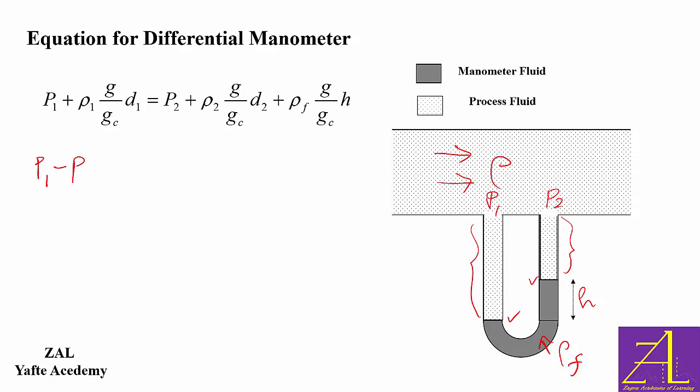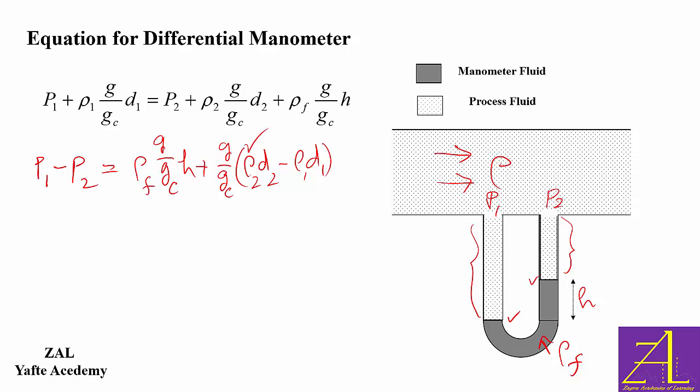P1 minus P2 equals rho F G over GC H plus G over GC times rho 2 D2 minus rho 1 D1. And since rho 2 and rho 1 are equal and they are equal to rho, they can come outside the parentheses. Also, this is D2, this is D1.